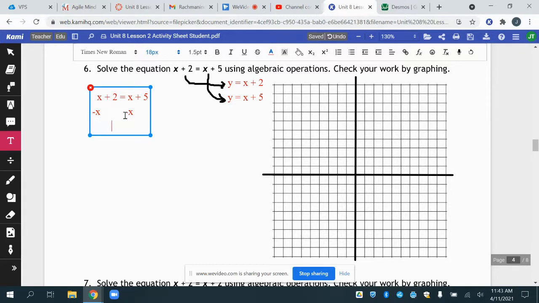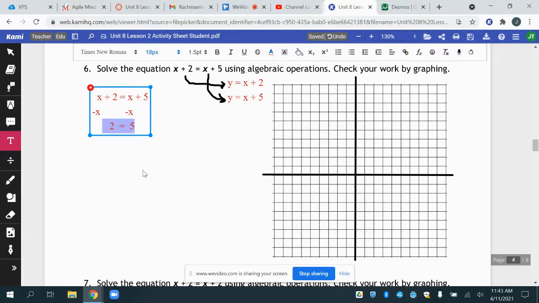That leaves me with 2 equals 5. Now this is a really cool thing about algebra. It does not lie. It doesn't give you wrong answers. It just sometimes gives you an answer that says, hey, something's wrong with the question. Something's wrong with the original thing here. So what algebra is telling me right here is, sure, these can be equal, as long as 2 equals 5.